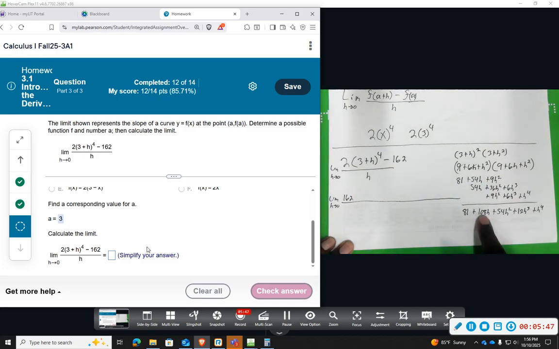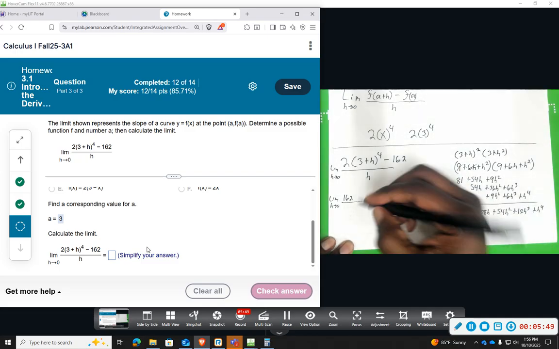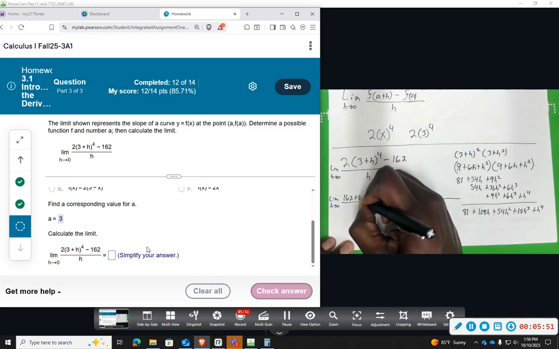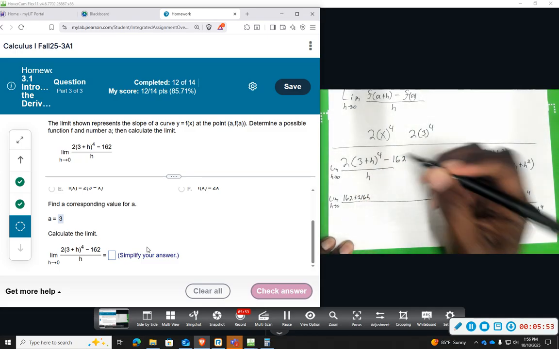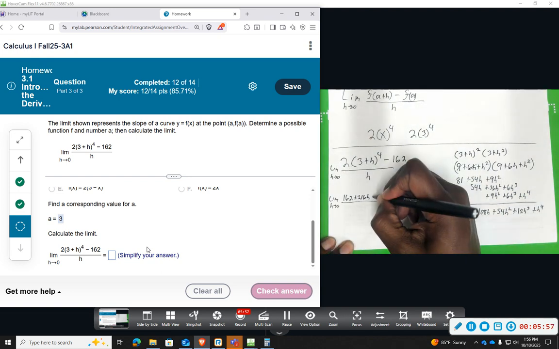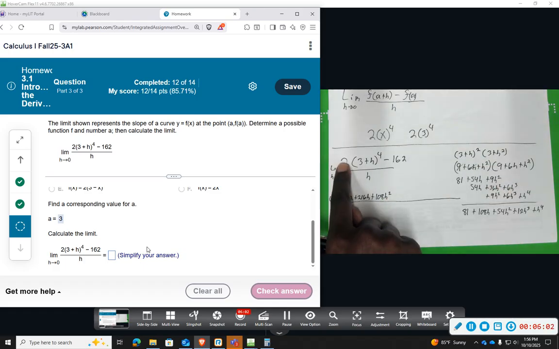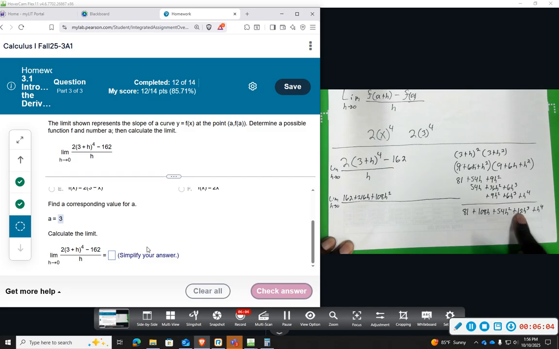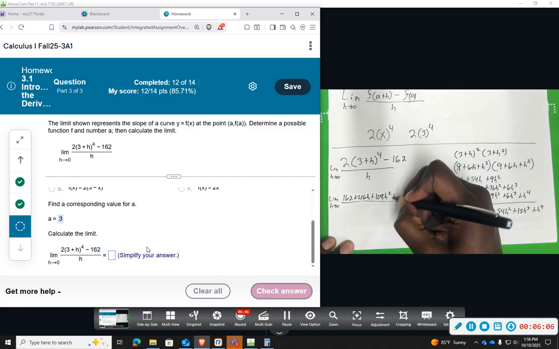2 times the 108, 216h. 2 times the 54, 108h squared. 2 times 12 is 24h cubed.